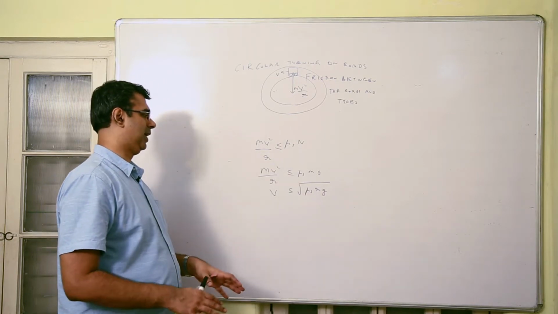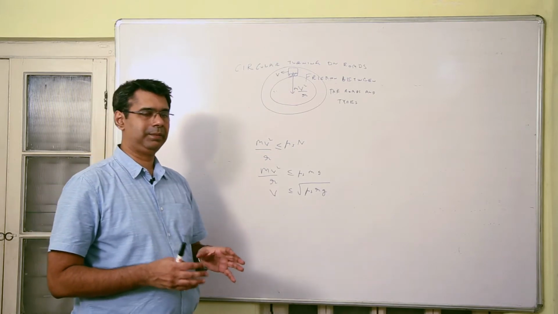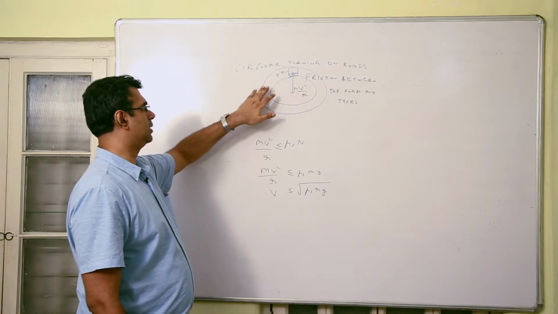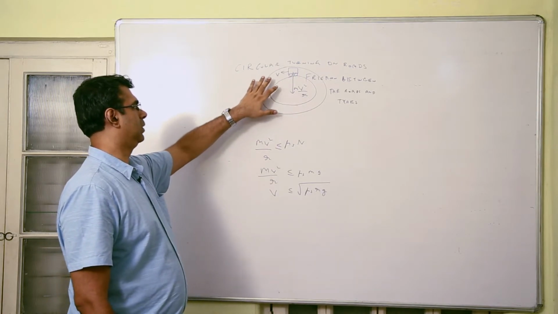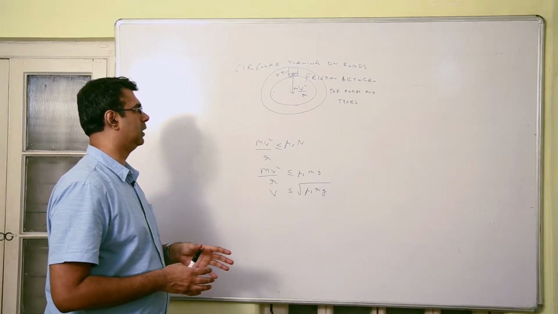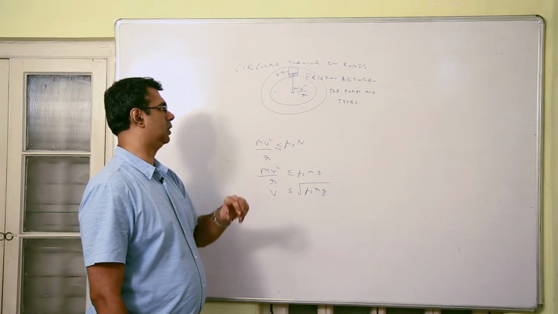Now let's understand this physically. Physically, what does it mean? It means that whatever the speed at which the driver is driving the car, the friction between the tire and the road is able to give the car the centripetal force which it needs to make a circular turn.